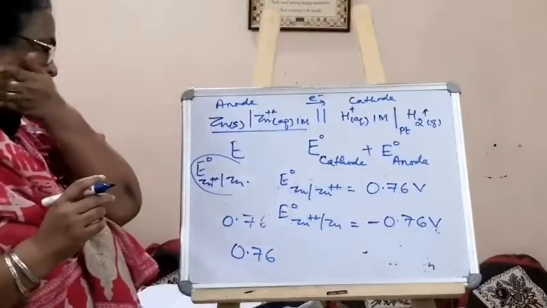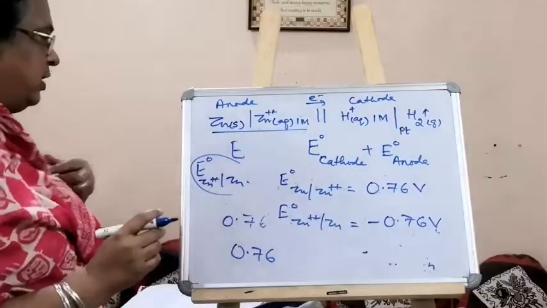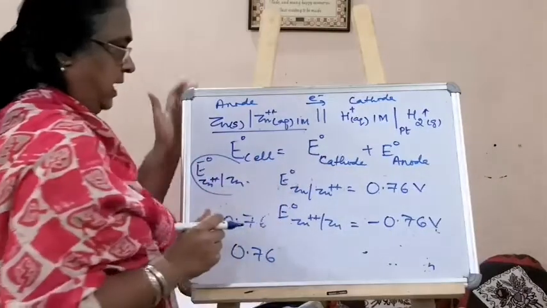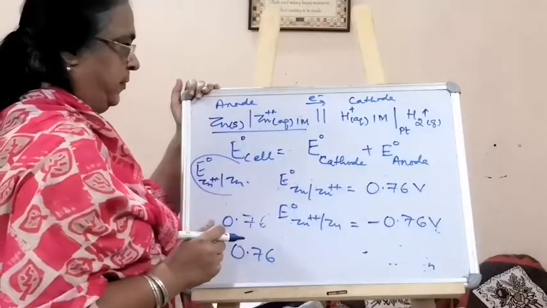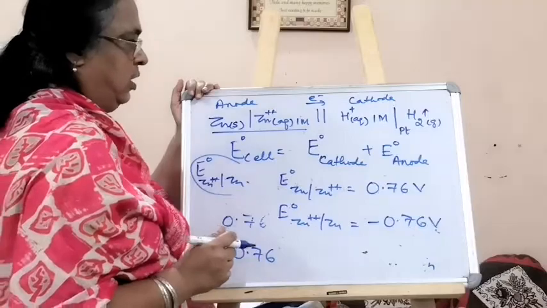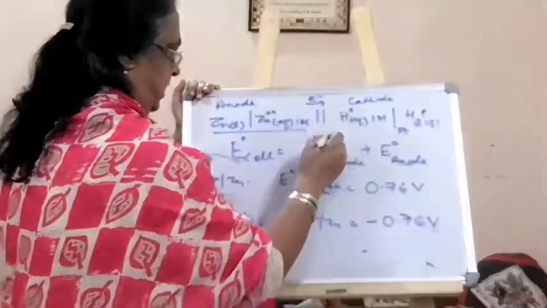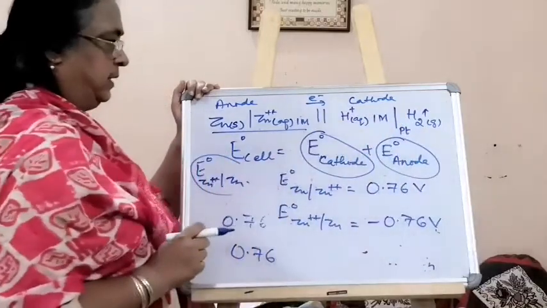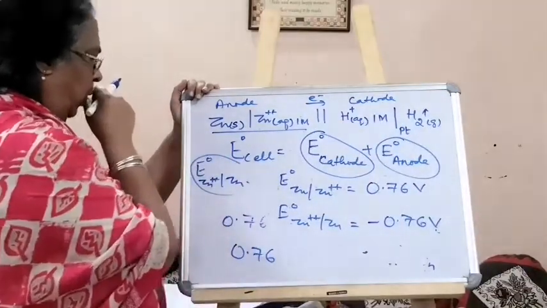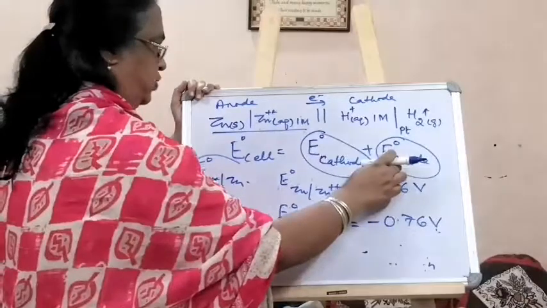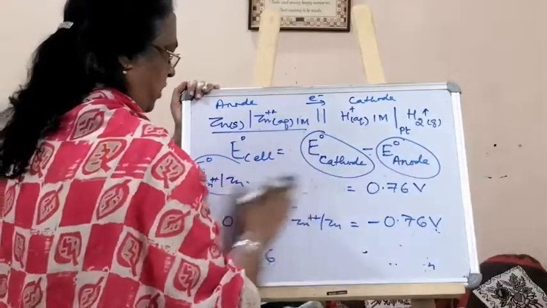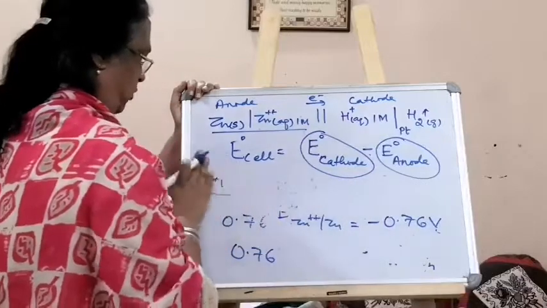So remember that. We always mention electrode potential in reduction term. Therefore, your E0 cathode and E0 anode, both should be reduction. If we take this as reduction, then here it should be the minus sign. That's why we get this formula always.